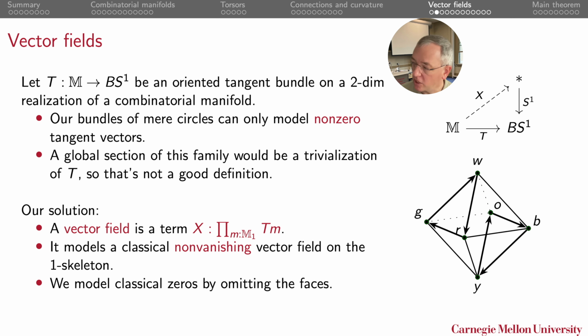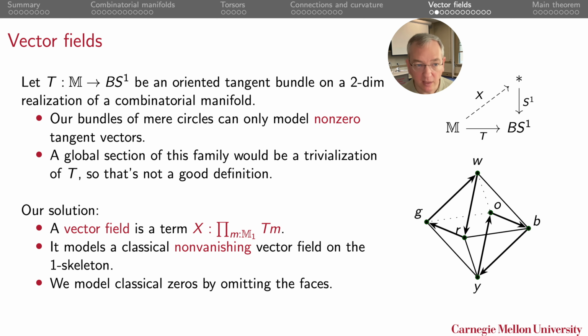So in other words, it's like saying that classically we're going to assume, in order to get into this picture, that let's say we started with a classical manifold and a vector field on it, we're going to have to push the zeros into the faces. So let's say we have a sphere and we're going to triangulate it into an octahedron like this. We're going to have to move the zeros into faces.